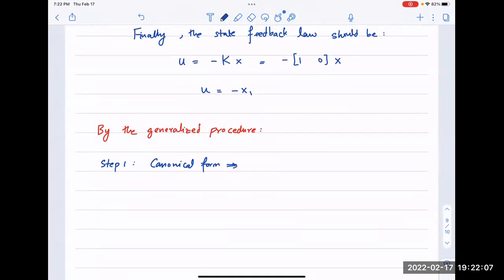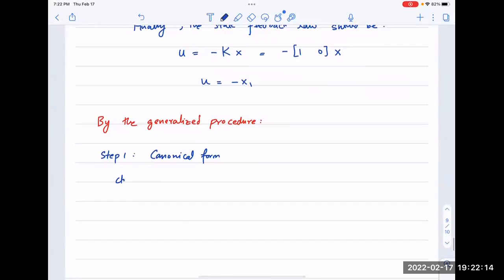The characteristic polynomial of A is the first thing to do.